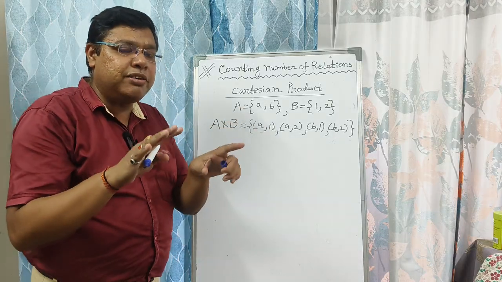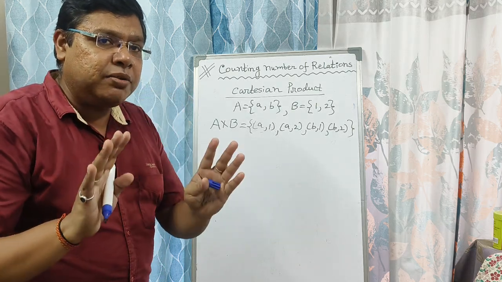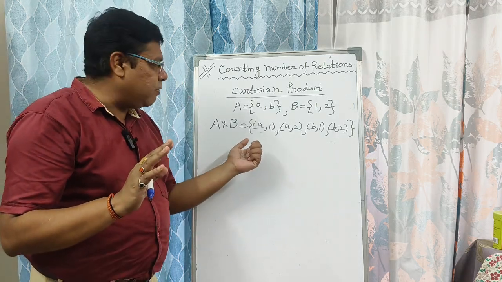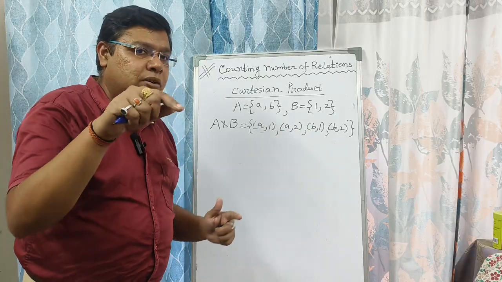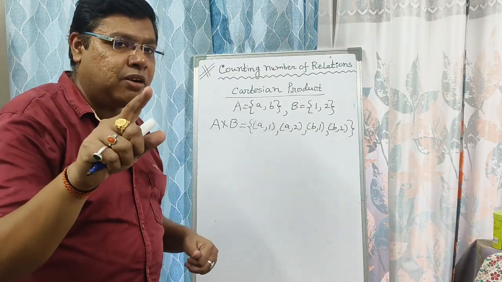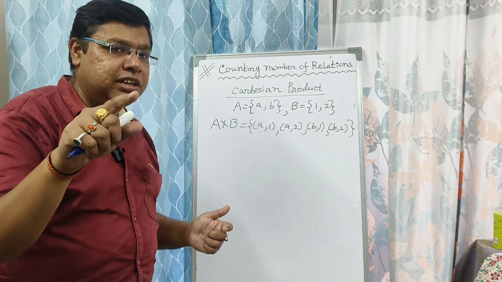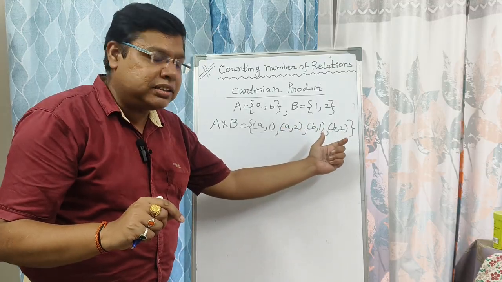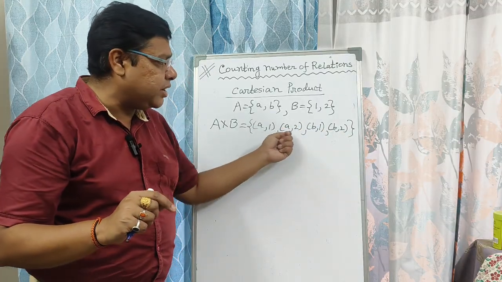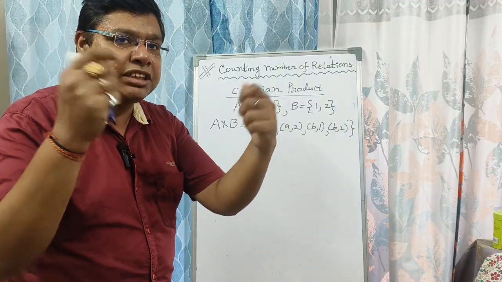We can take all ordered pairs also, and that will be called the universal relation. Or I may not choose any of the ordered pairs, and that will be the empty relation. Those are the two extremes.